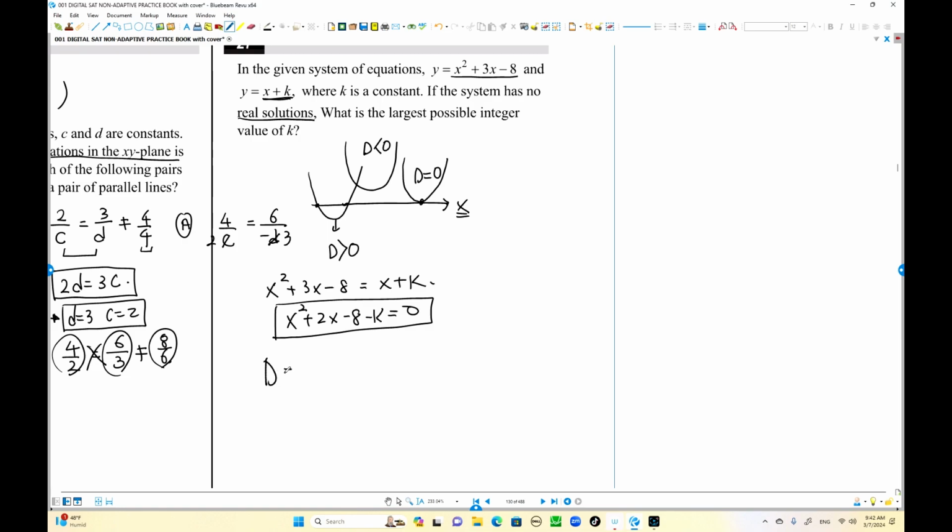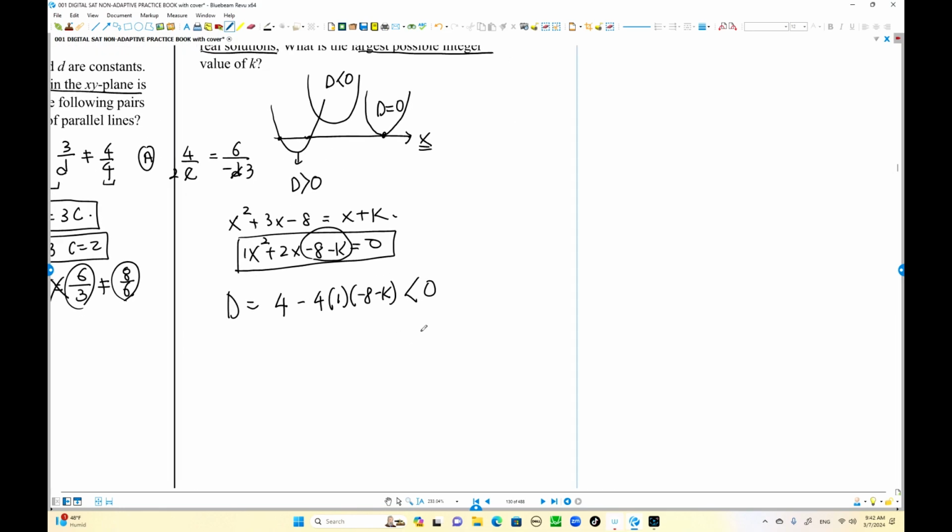What is discriminant? B squared. 2 squared is 4. Minus 4 times a is 1, and the c is what? Negative 8, and minus k. That must be less than 0. You're going to find the largest possible integer value. Not real number, okay? Integer, we need an integer number.